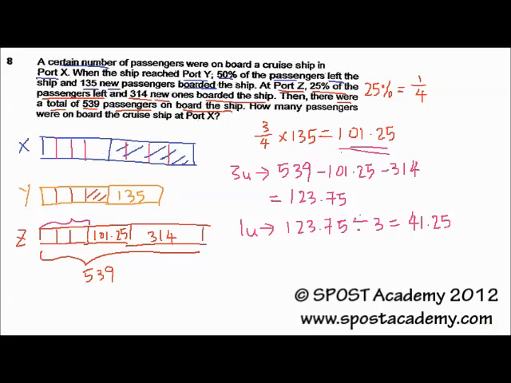So there's a total of 8 units that we need to find, because the question is asking how many passengers board the cruise ship at port X. So 1 unit is 41.25. To find 8 units is just 8 times 41.25, and we will get 330.